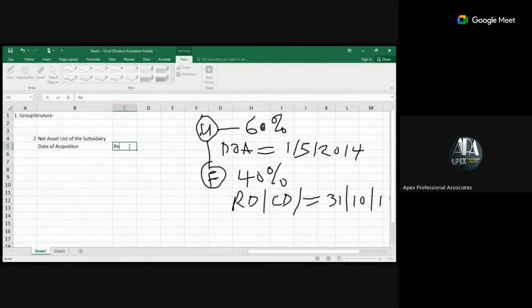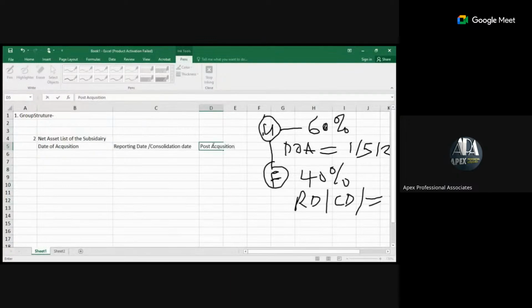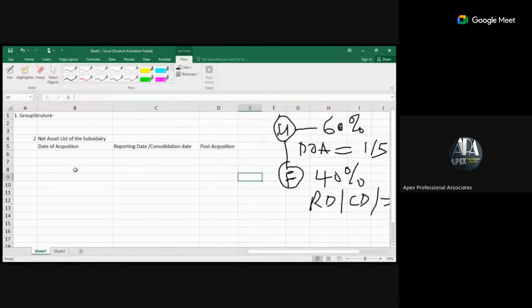I prefer reporting date, or you can call it date of consolidation, or consolidation date. Then we have post acquisition. So we have the items.